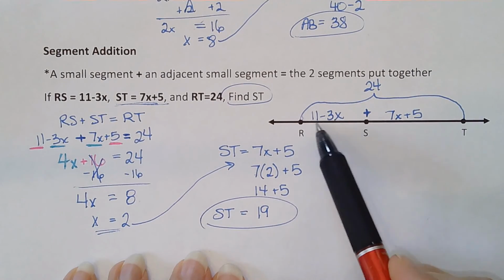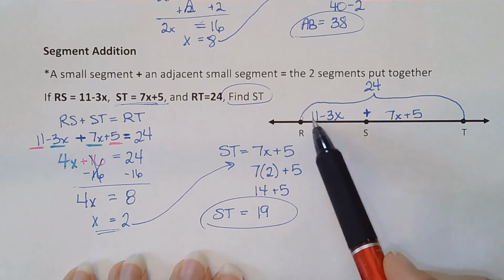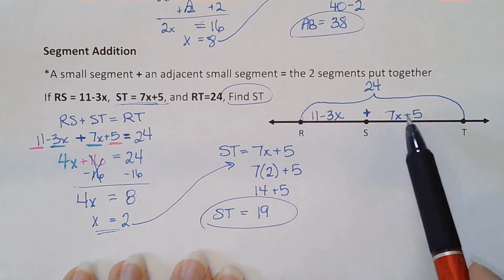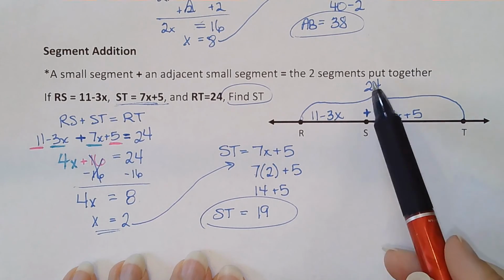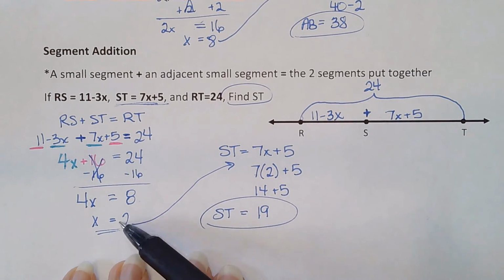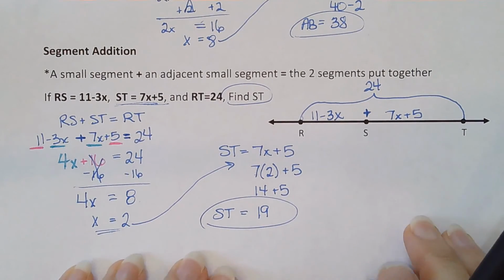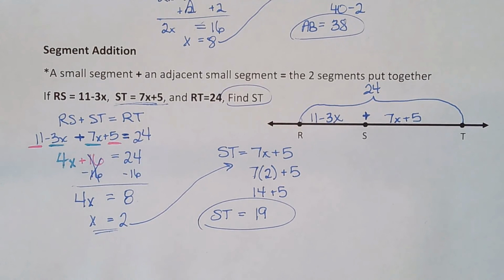So this segment right here would be 5. So if you're asked to figure out what both segments are, you can either use some subtraction, 24 minus 19, or you can plug in what you found for x into that part too, and you could solve it that way. All right, so hopefully that helps.